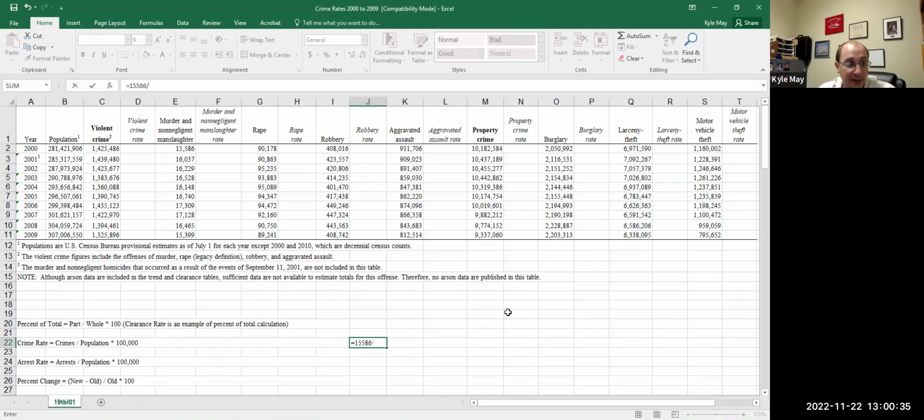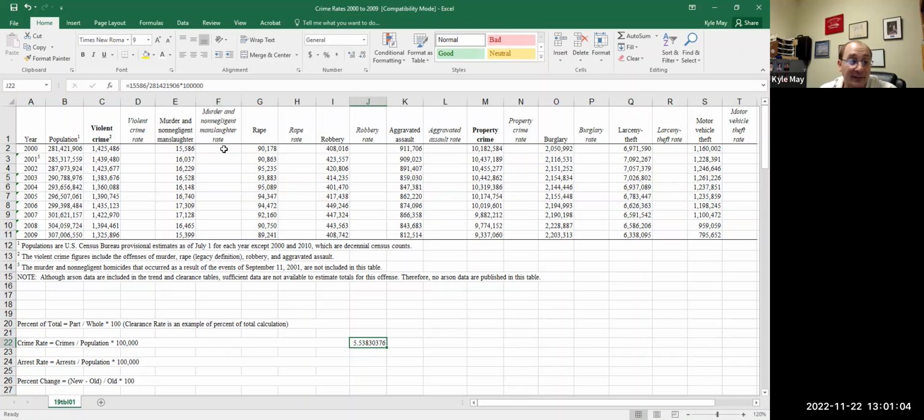The United States in 2000 was 281,421,906, and then we multiply that by 100,000, and we can see that we have a rate of 5.54, or excuse me, it's not a percentage, 5.54 murders per 100,000 people in the United States in 2000.